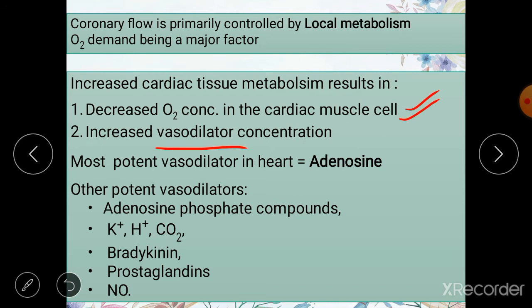As I told you before, adenosine is the most potent vasodilator in the heart. So this combination of decreased oxygen concentration within the cell and increased vasodilator concentration together cause dilation of the coronary arteries, thus increasing the coronary blood flow.